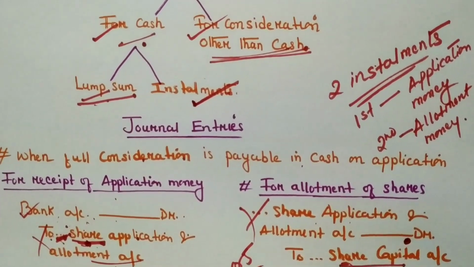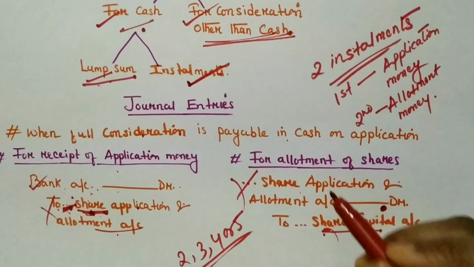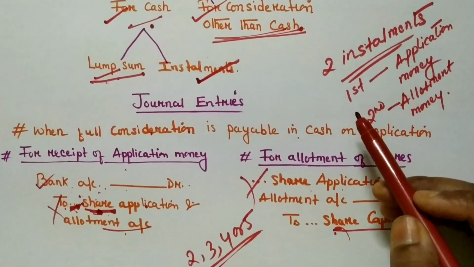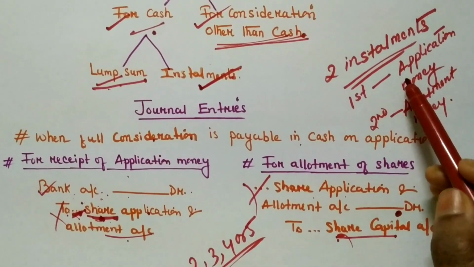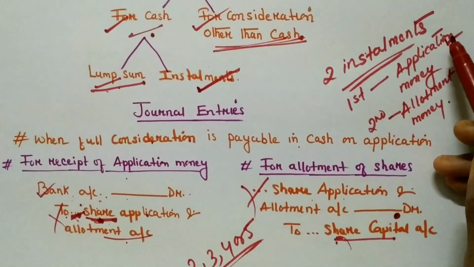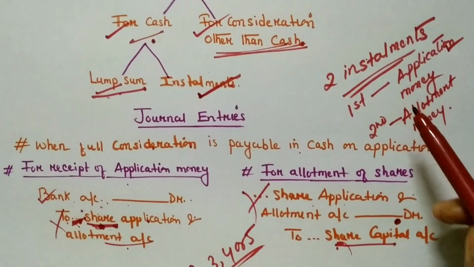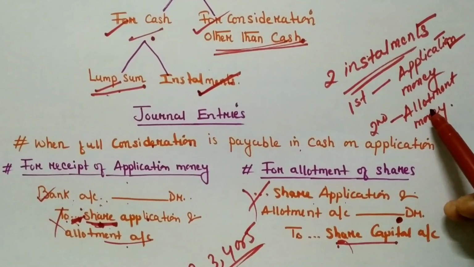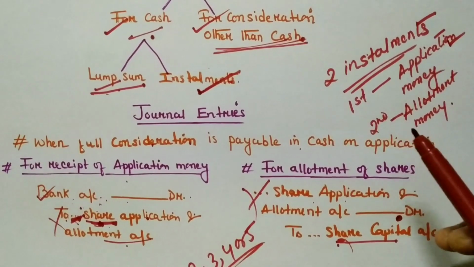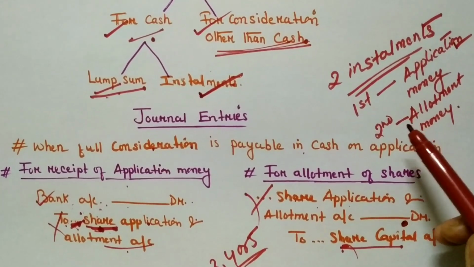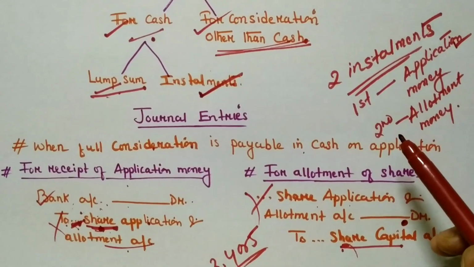Similarly, if the amount is payable in 3 installments, then the first installment money is known as application money, the second installment money is known as allotment money, and the third installment money is known as first and final call money.